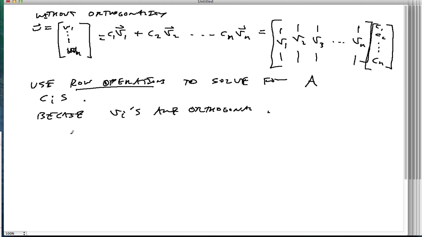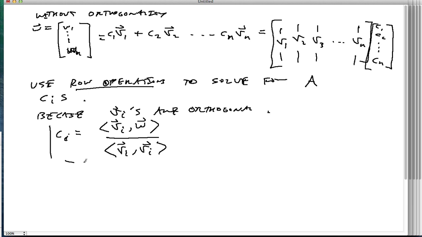All we have to do is iteratively compute the Ci's by taking inner products, like so. So that is a really nice property that we're going to exploit a great deal in order to solve partial differential equations.